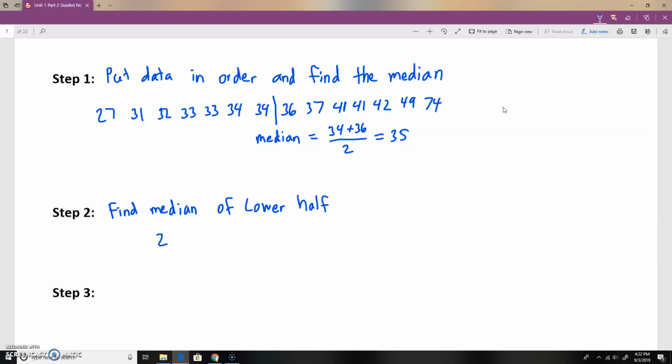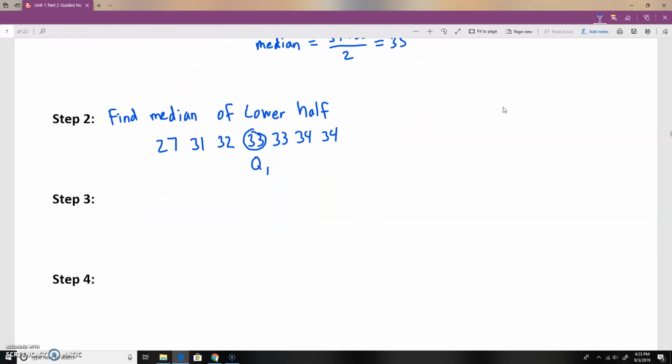Okay, so I'm going to rewrite this lower half. 27, 31, 32, 33, 34, and 34. So we're going to now find the median of this lower half. Well, the median of the lower half is 33. That value is what we call our Q1. It's halfway between the minimum value of 27 and our median value.